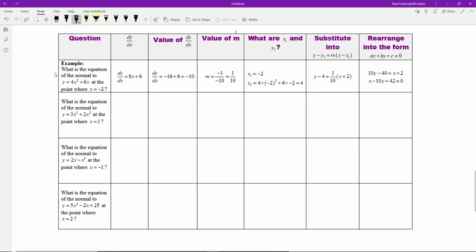So for this one, it's 15x to the 4 plus 4x, and x equals 1. So the value of dy/dx is going to be 15 times 1 plus 4 times 1, which is 19. The next stage is the value of m.